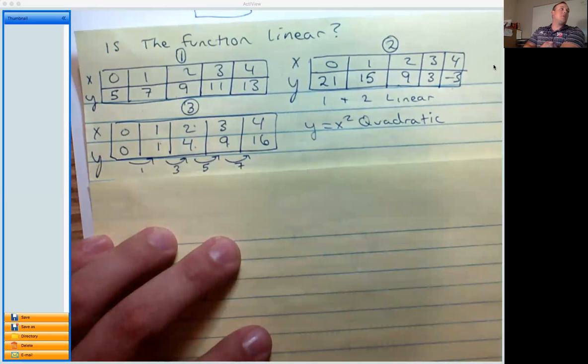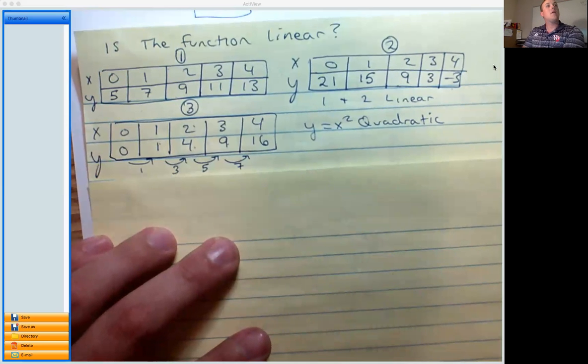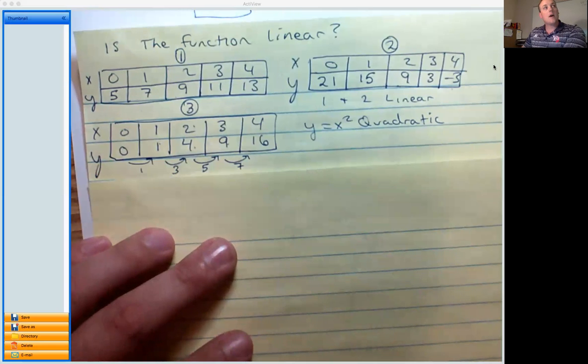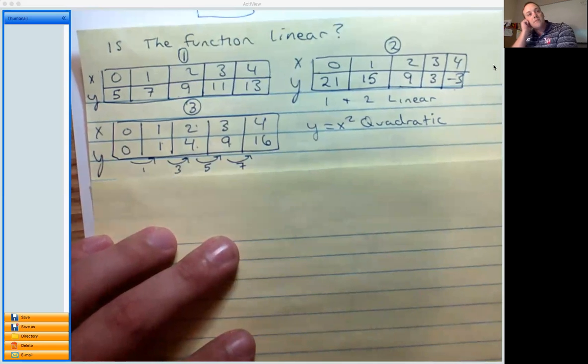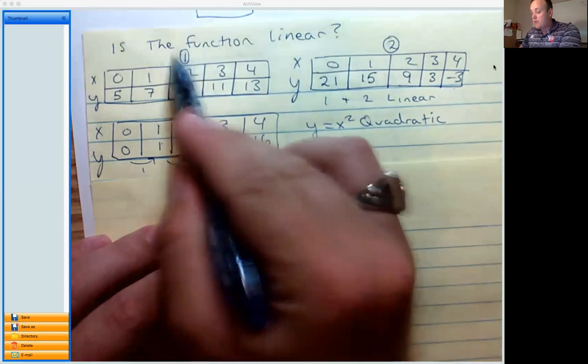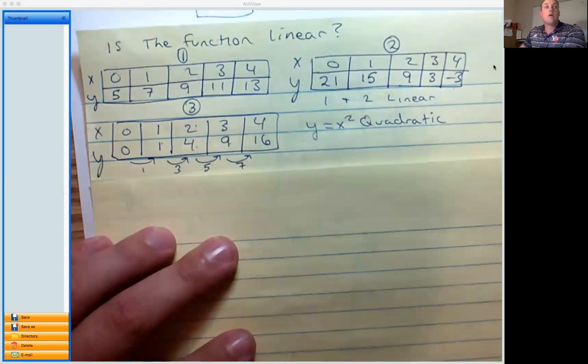How do we tell what the slope is on question 1? You can tell because it's at a constant rate: 7 minus 5 is 2, 9 minus 7 is 2, 11 minus 9 is 2.